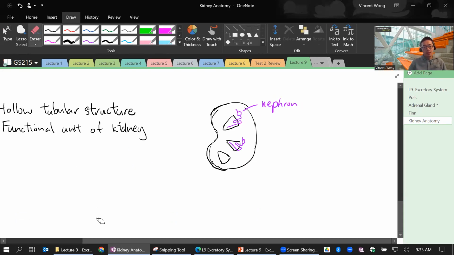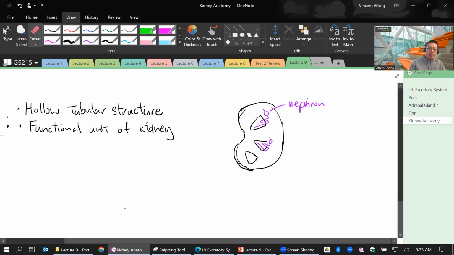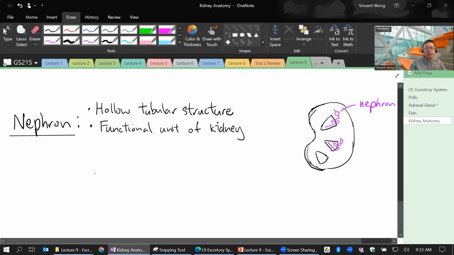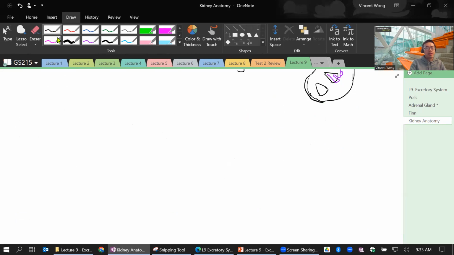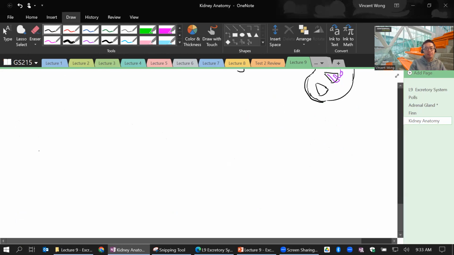All right. So what we will do now is take a nephron out, and we'll draw it and label it, and then I'll do some explanation. All right. So here is the nephron.